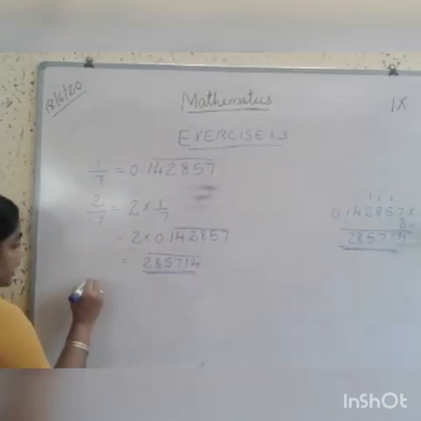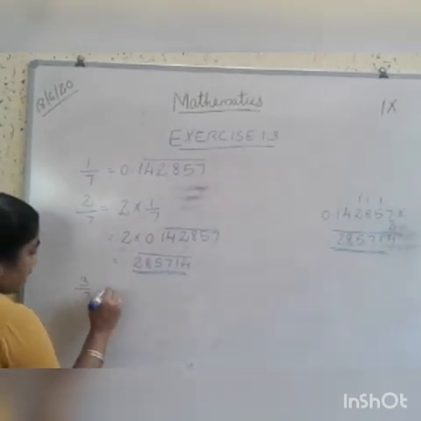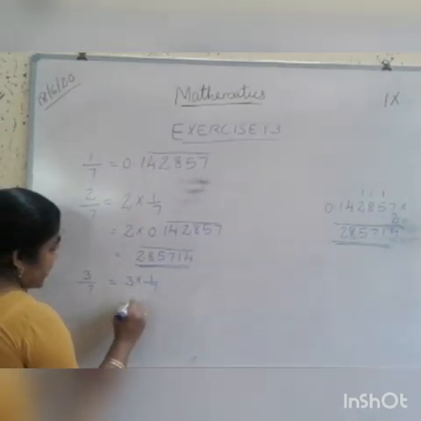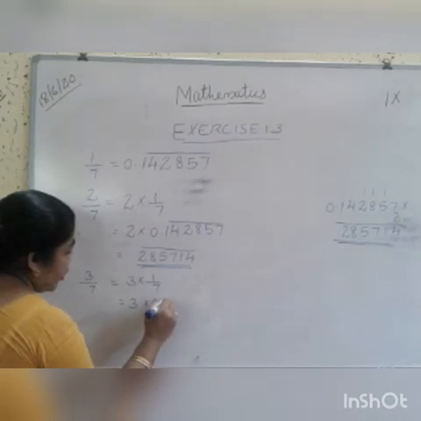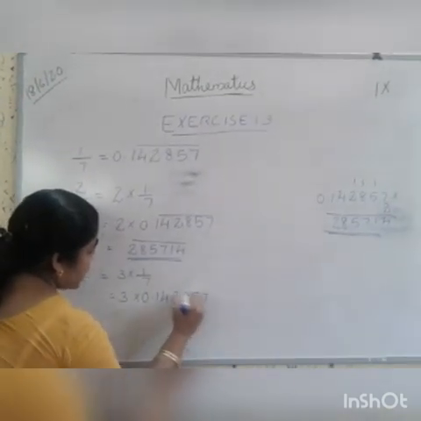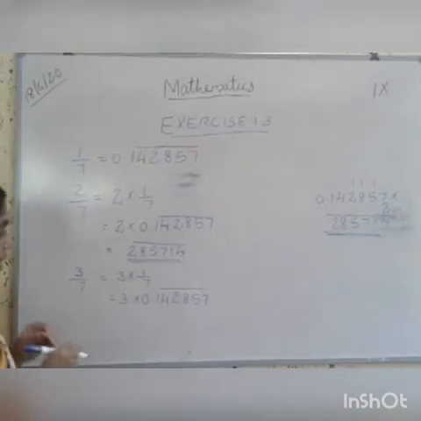Now we can find 3 by 7. 3 by 7 is equal to 3 into 1 by 7. That is equal to 3 into 0.142857 whole bar.